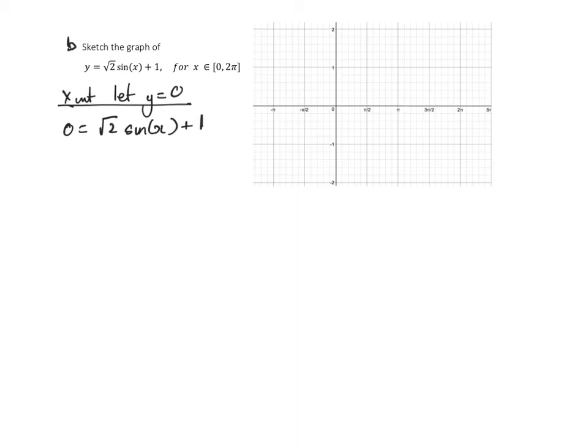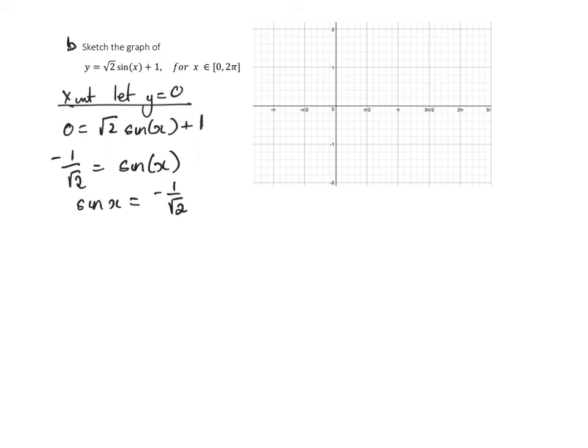So you can see that we're going to have a y translation. Let's get everything over to the other side and get sine x by itself. So you get -1 on √2 is equal to sine of x. Or let's just look at it this way. Sine x equals -1 on √2.